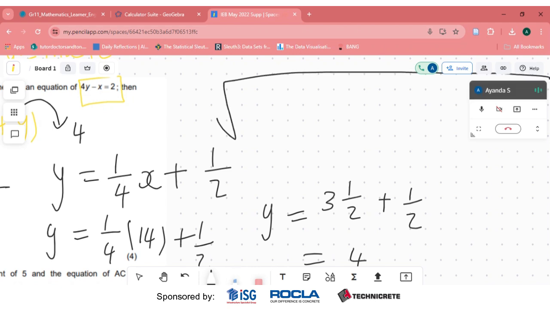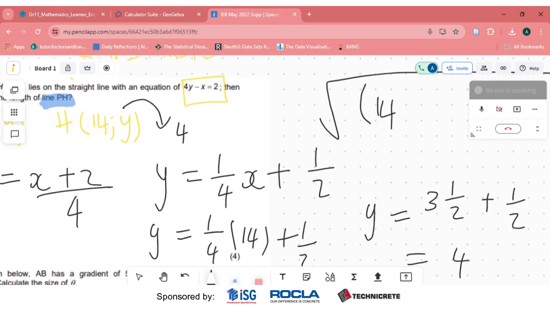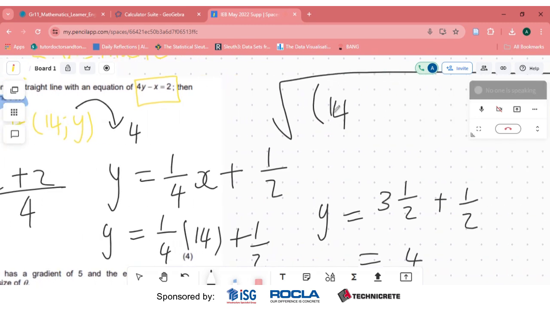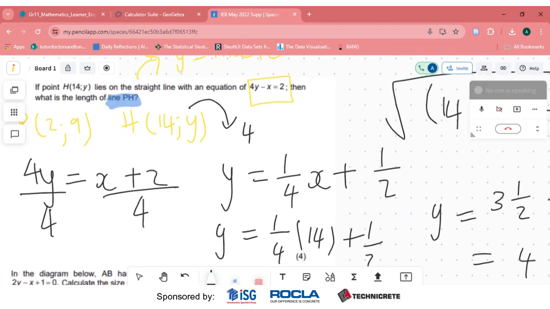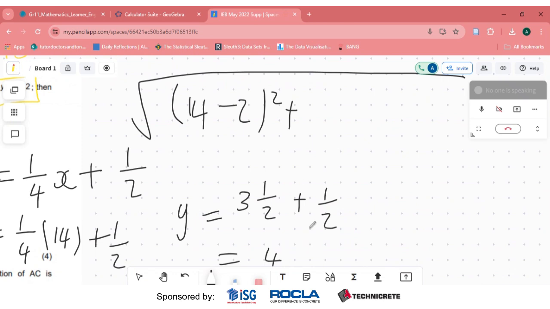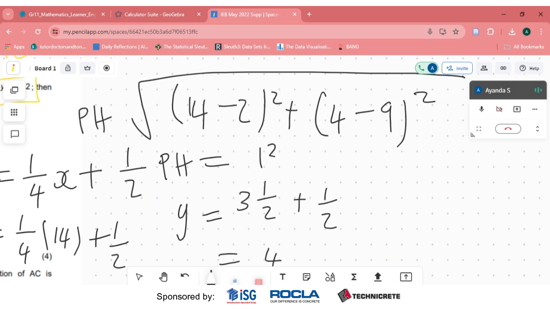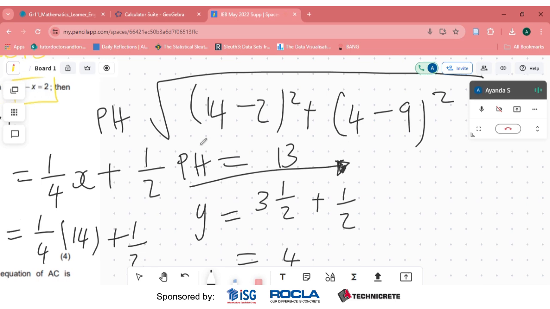So we'll have a big square root and we'll take 14 minus 2 squared plus 4, which is the y value that we just found, minus 9, which is the y value for P, squared. Type all of this into our calculator. We find that the length of PH is 13.